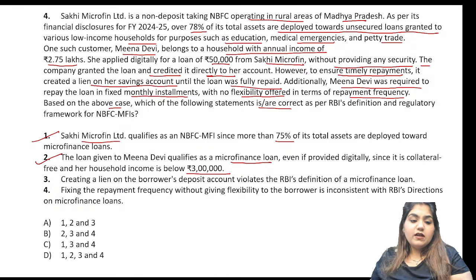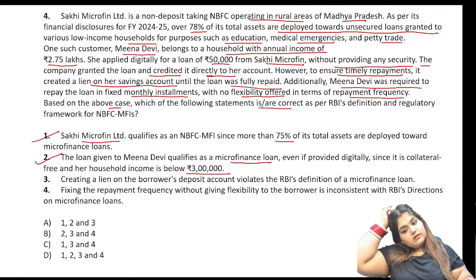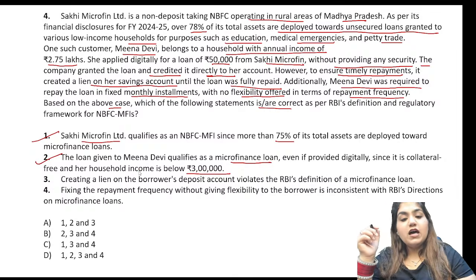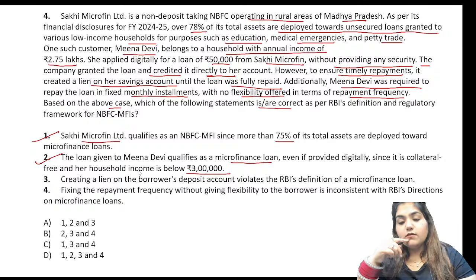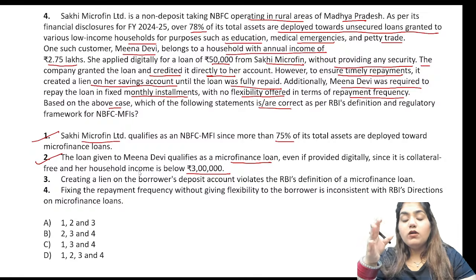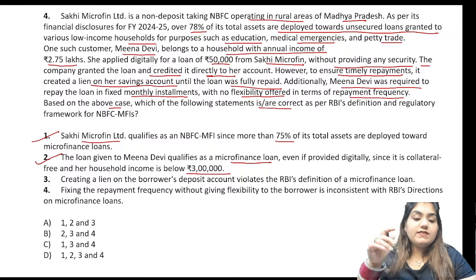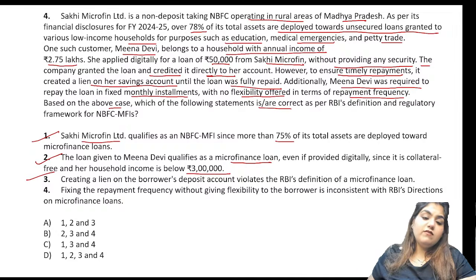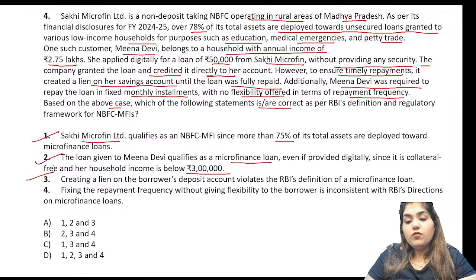Yes. The lien created violates the RBI definition. Yes, it does. We cannot take collateral. Her income is less than 3 lakh rupees, so no collateral is needed. Next, fixing the repayment frequency without giving flexibility to the borrower is inconsistent with the RBI guidelines.